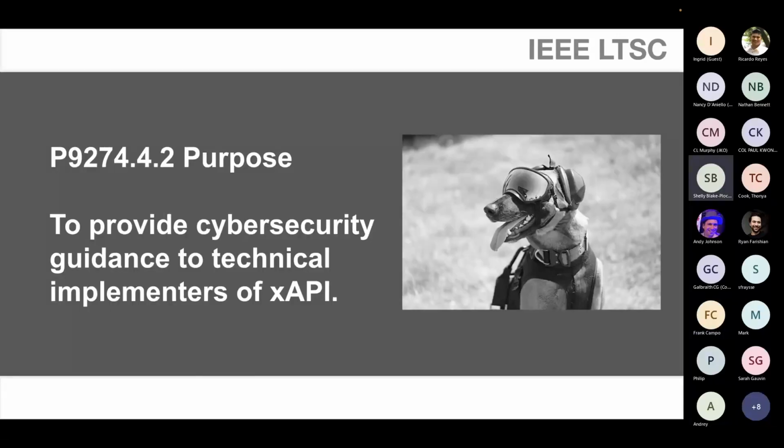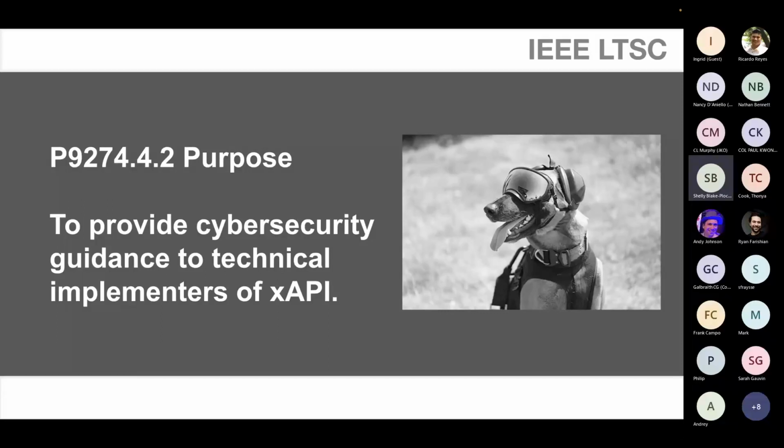The purpose of our group is to provide cybersecurity guidance to technical implementers of xAPI. So what does that mean? So the recommended practice standard provides guidance for secure implementation. It will define terms, including stakeholder types.